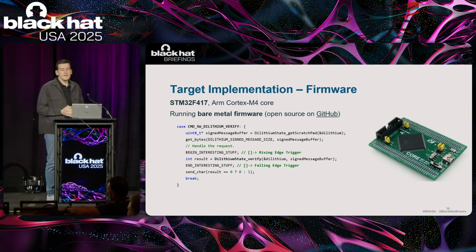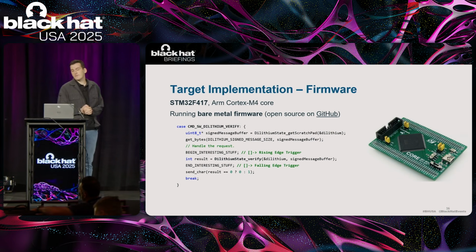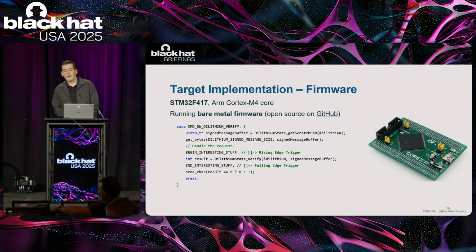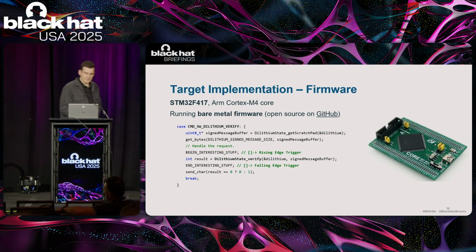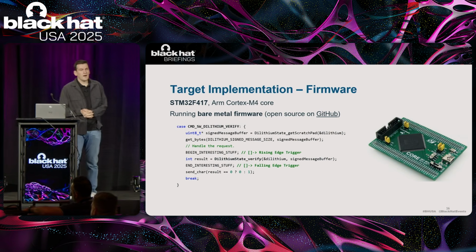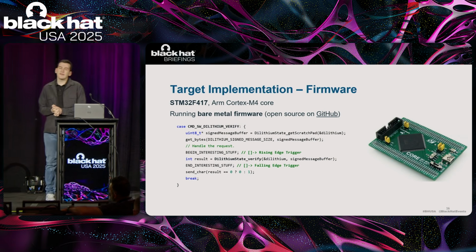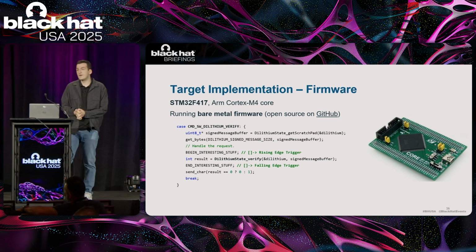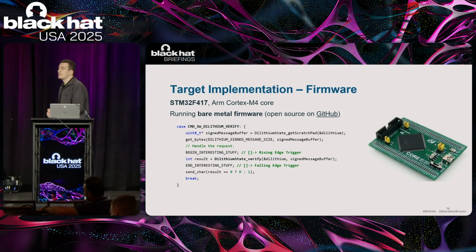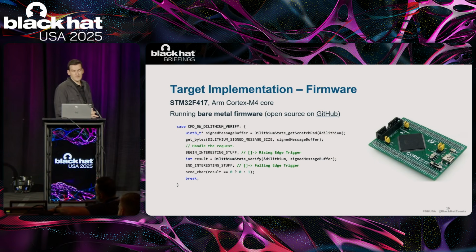For example, here you can see the Dilithium verification case, which gets the input from the computer, then raises the trigger, calls the verify function, and then lowers the trigger. This is almost the same as the secure boot or firmware update cases in the real world, because even if we don't have triggers on real-world devices, we can use reset points or power traces as triggers, so this will not be a problem for us.